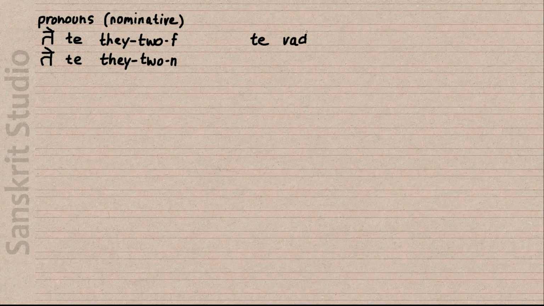But vadati naturally is singular third person, so we can't use that, so we have to have the special verb form that corresponds to the dual number third person, which is vadataha. So te vadataha. And then in this case here, it's exactly the same, te vadataha.